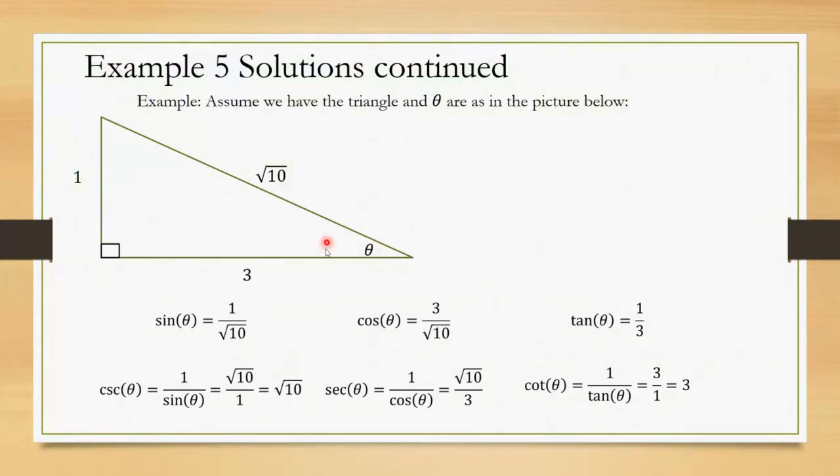Opposite, hypotenuse. So we get 1 over radical 10. Cosecant is 1 over sine. 1 over means you flip it. So we invert this and get radical 10 over 1, which is radical 10. So that's what we get here.